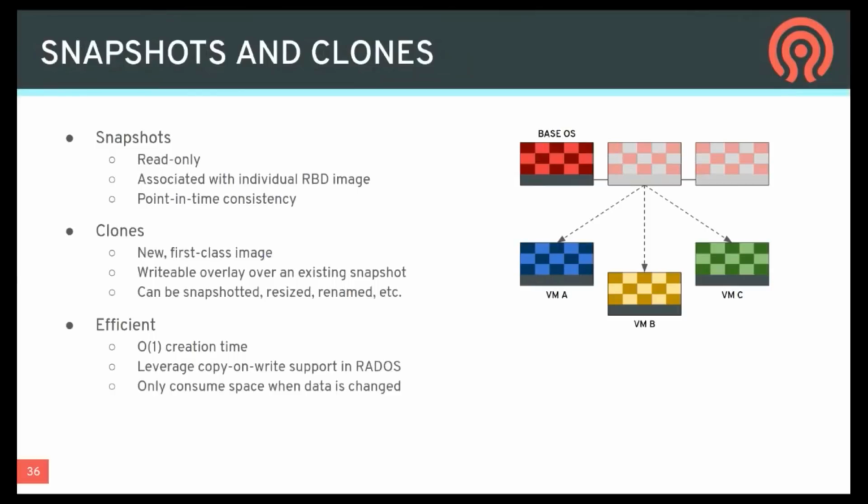It doesn't involve copying any data, just fiddling with some metadata. And in both cases, we leverage copy-on-write support in RADOS so that space is only consumed as data is changed. So if you create lots of snapshots but don't modify anything, the snapshots don't consume any space. Same thing with the clones. A clone doesn't occupy any space until you start modifying the data that was in the original snapshot, and only then does it consume storage resources.